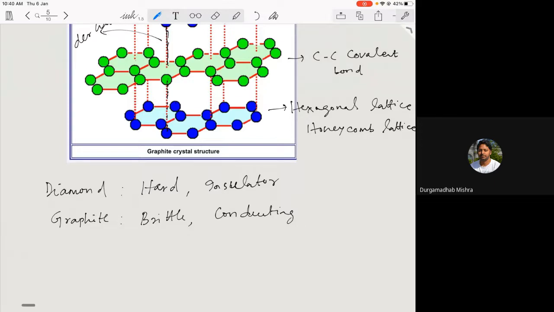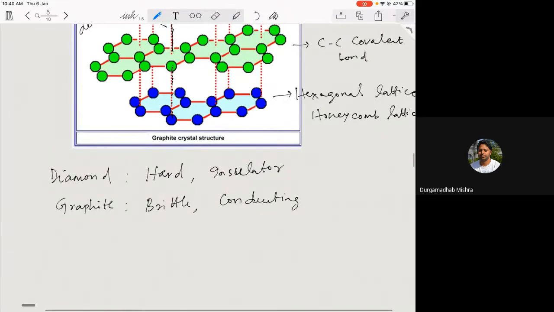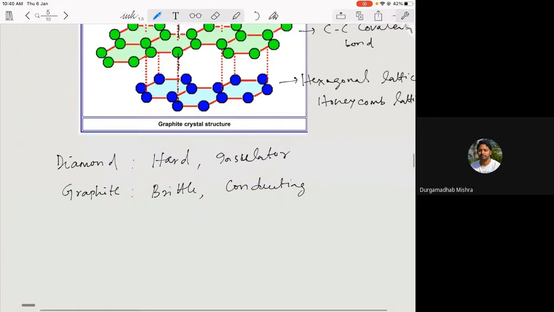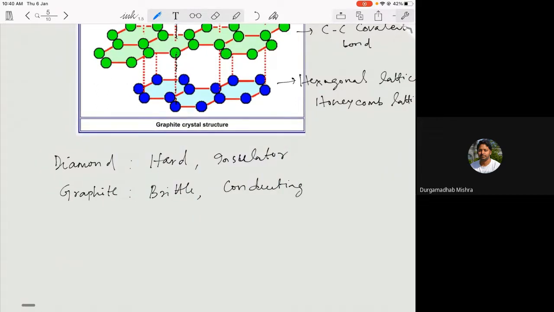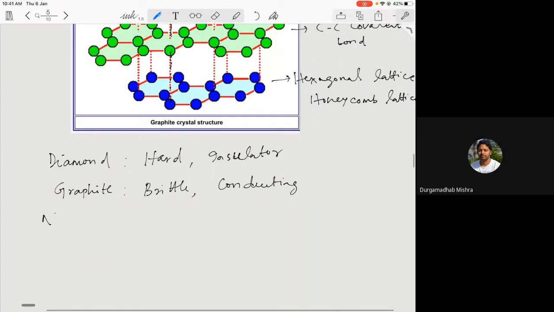Sometimes carbon can also have, when you go to a nanostructure form, so if you have time, we will also look at that. If you reduce the size of these structures, in a nano form, carbon can have some other different arrangements as well. So I just mention it here.